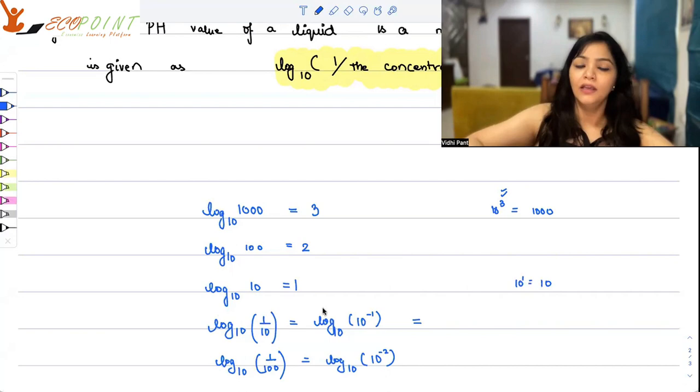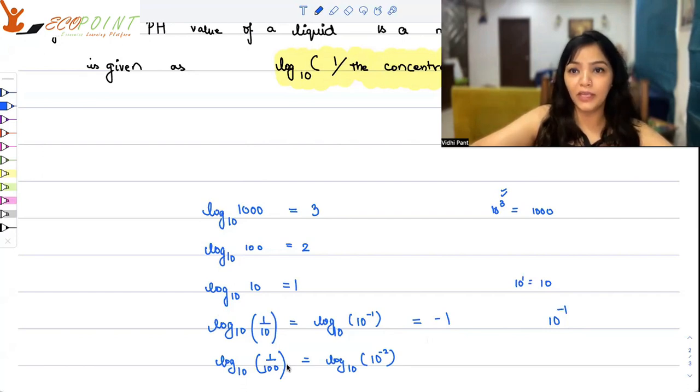Now, log base 10 of 1 upon 10. What is the power that you require in order to create 1 upon 10? What is the power of 10? You require 10 to the power minus 1. So therefore, the power that you require for 10 is minus 1. Similarly, what is the log base 10 of 1 upon 100?